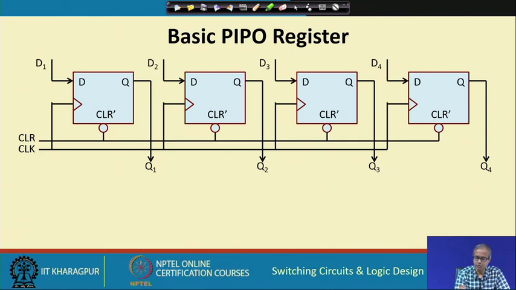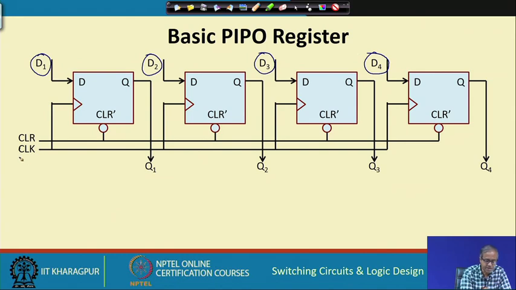This is a 4 bit register which is shown. You see there are 4 D flip flops we are using. The parallel data input which is coming from outside is fed to the D inputs of these flip flops. These are D1, D2, D3 and D4.